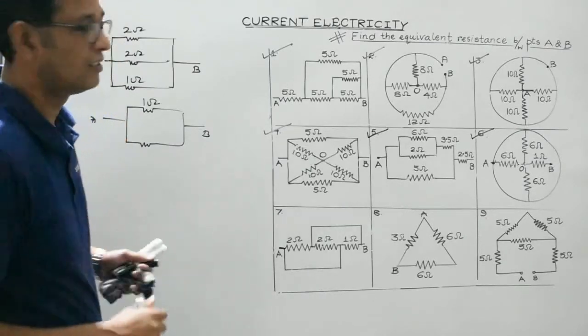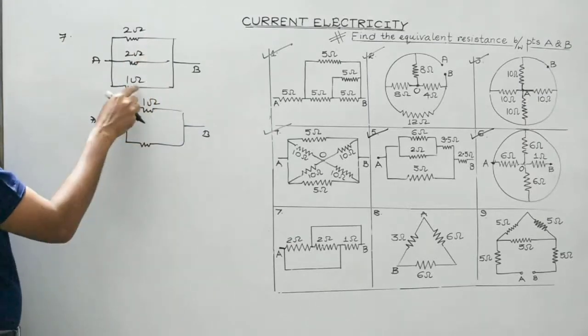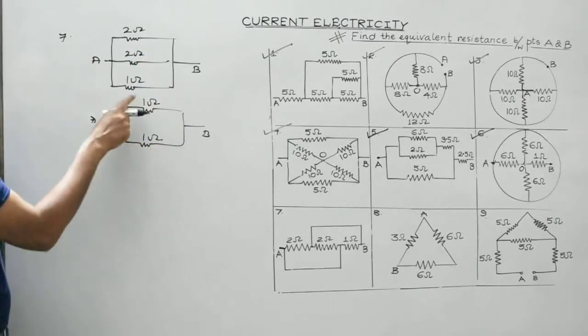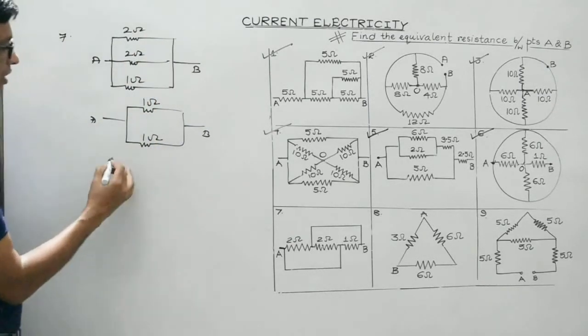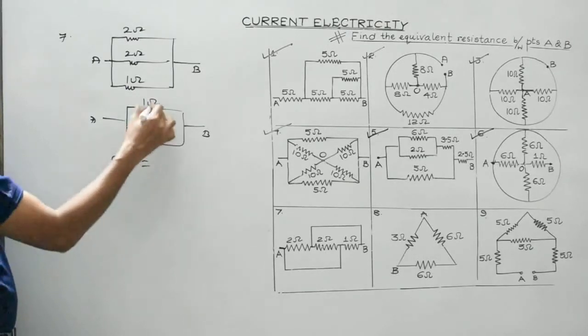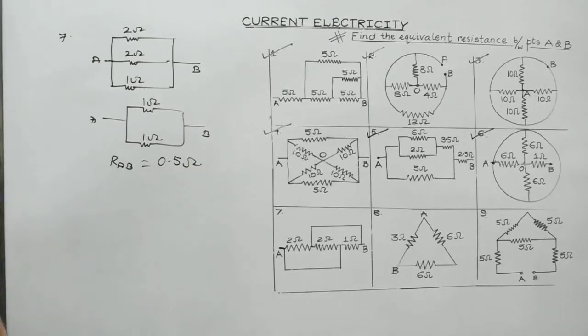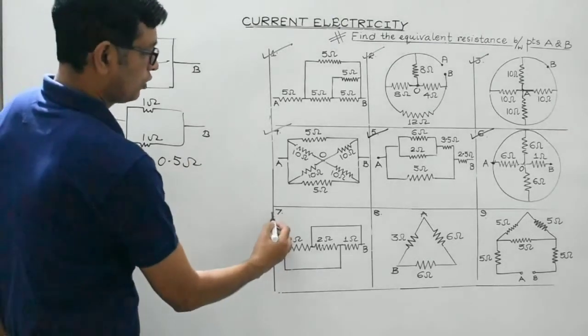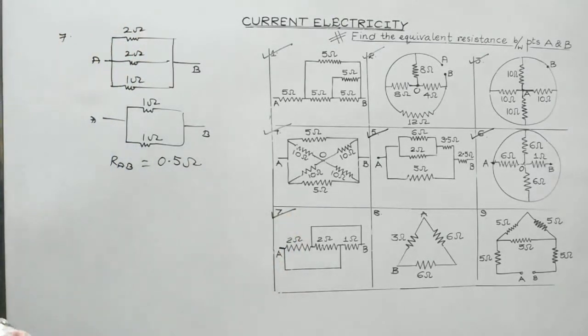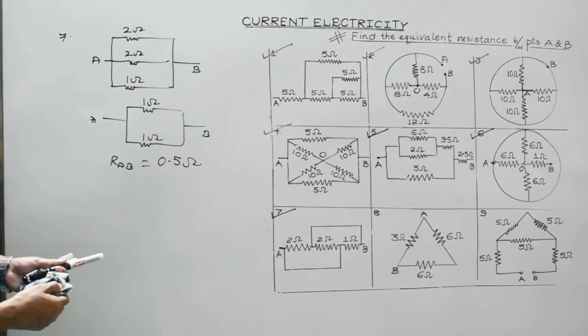You can check it, right? So 2 and 2, it will give us 1, and this 1 is left. 1 and 1, they are in parallel, therefore equivalent resistance would be half of this, that is 0.5 ohm. Right? So that's the answer. So question number 7 is also over. Clear, students? Okay, let's proceed to the next one.